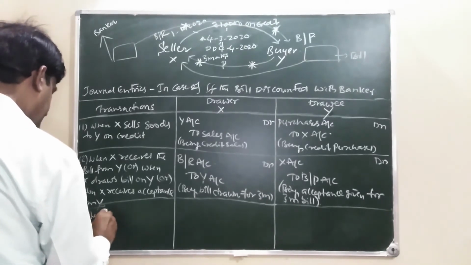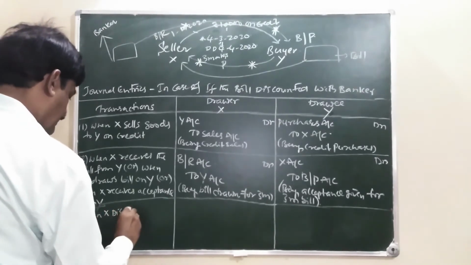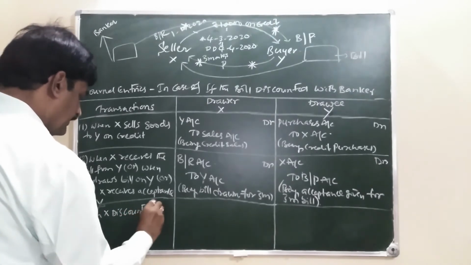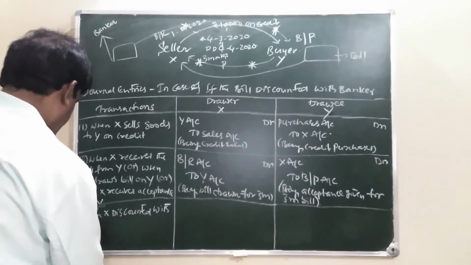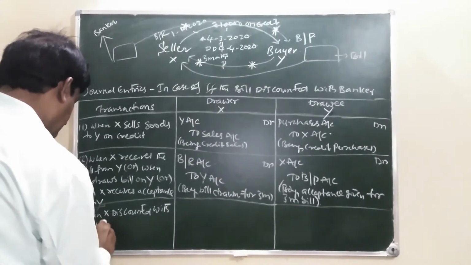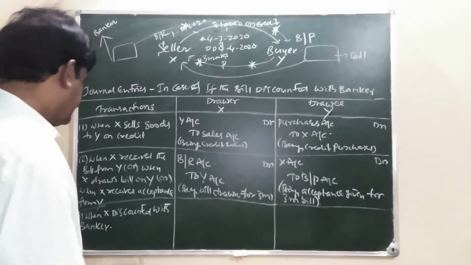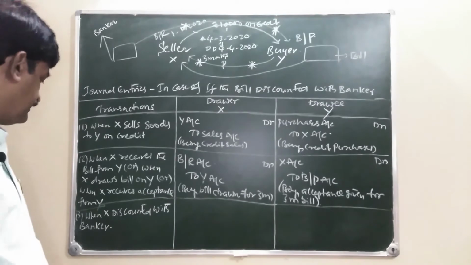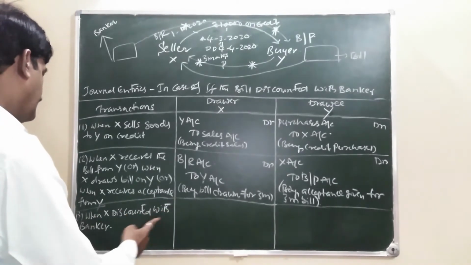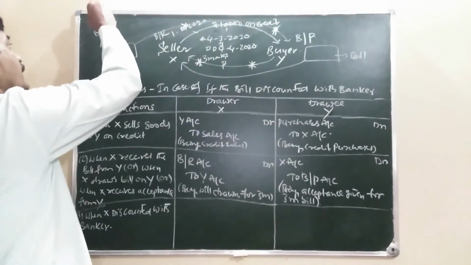When X discounts with the banker, this transaction occurs only between X and the banker.